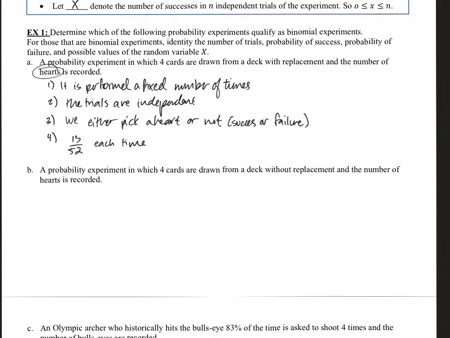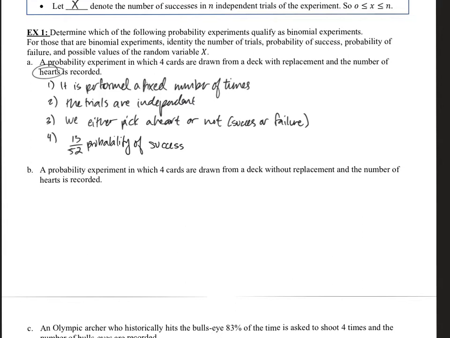So what would be the probability of success? 13 over 52 would be the probability of success. Then what would the probability of failure be?